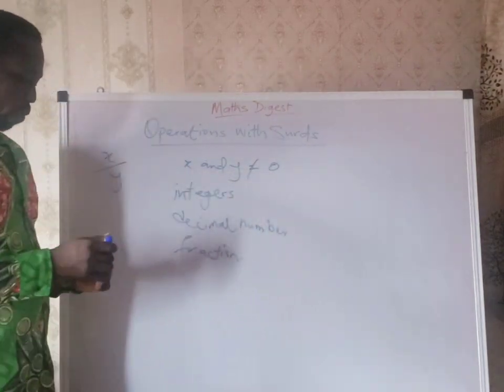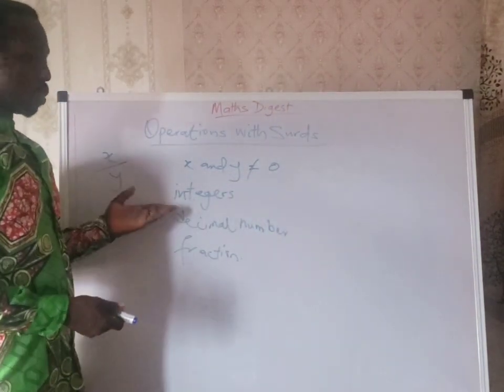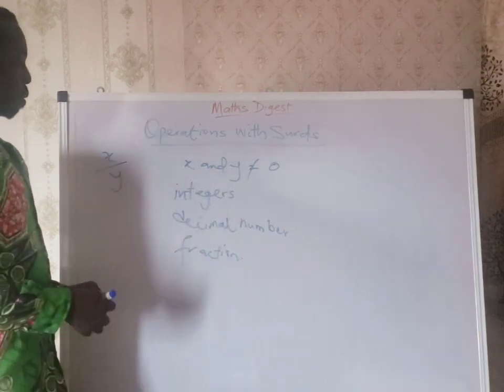So far they fall into these categories. They are what? They are rational numbers.